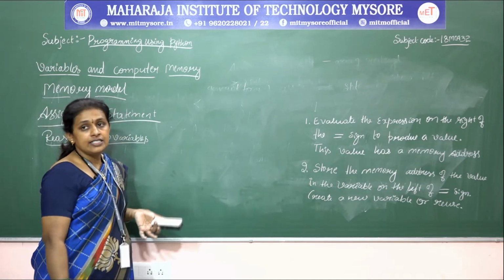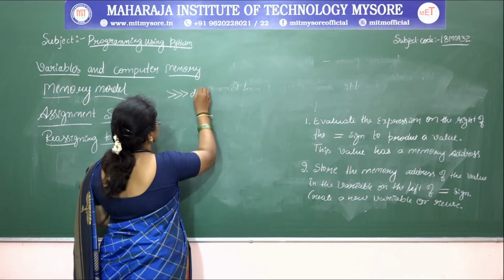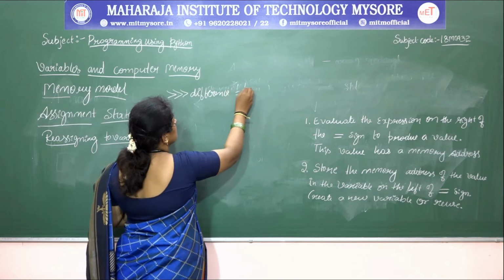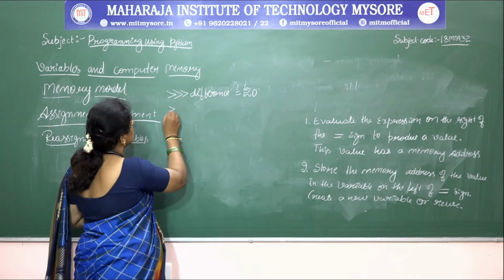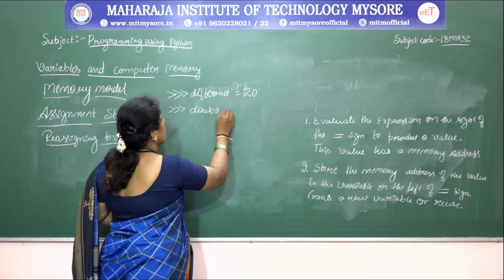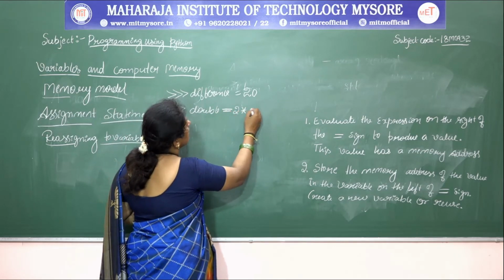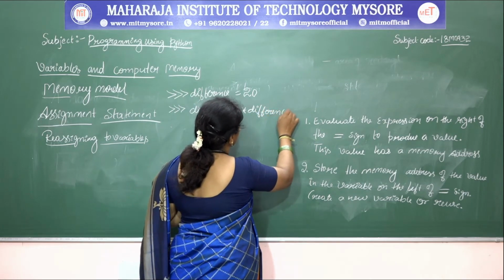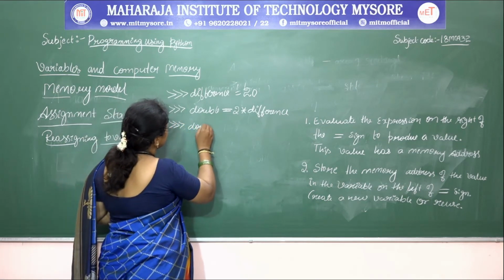Just consider this code. difference = 20. double = 2 * difference.